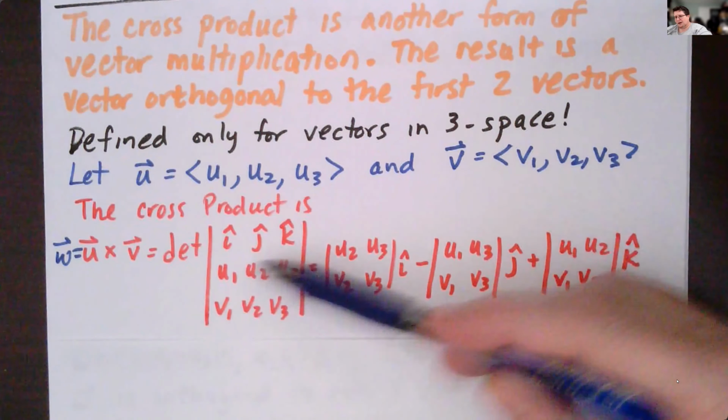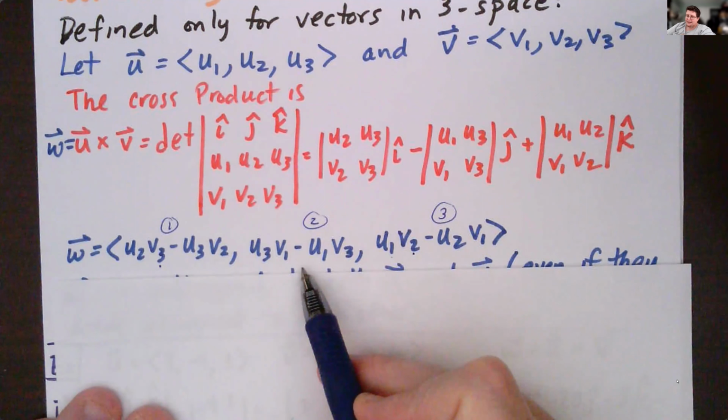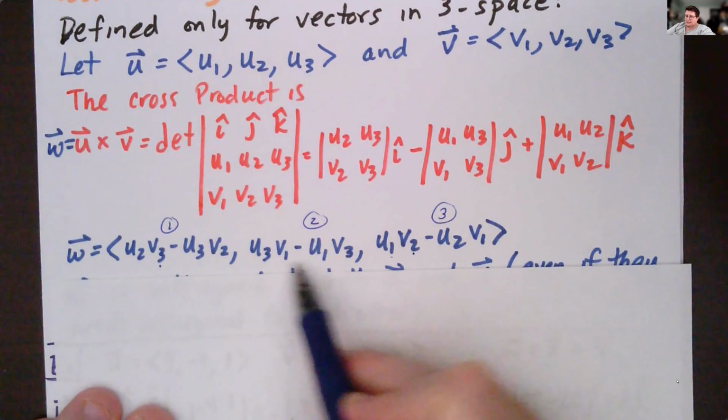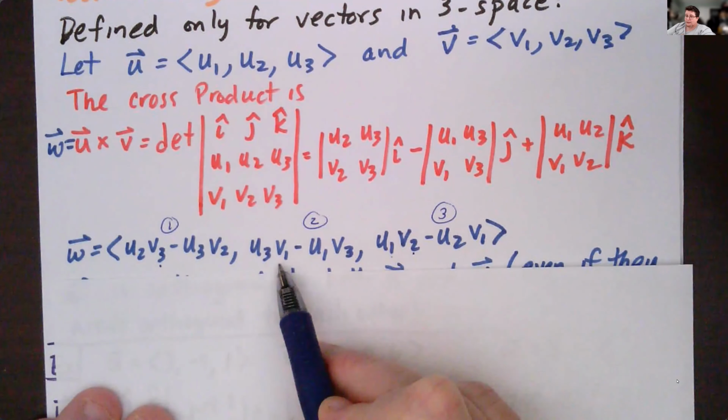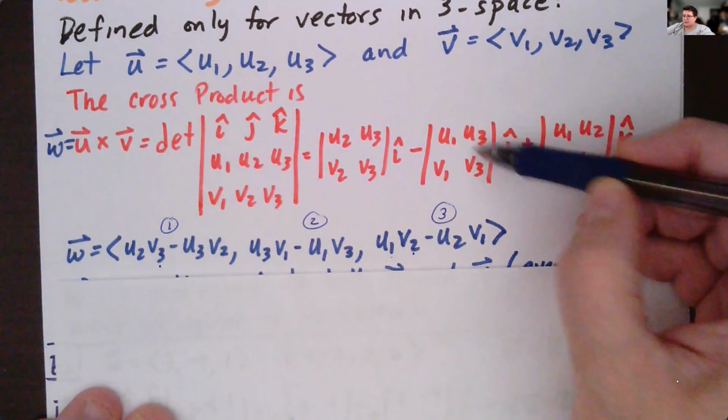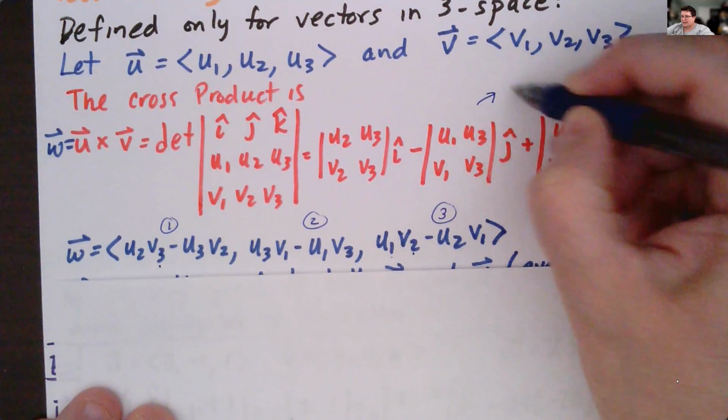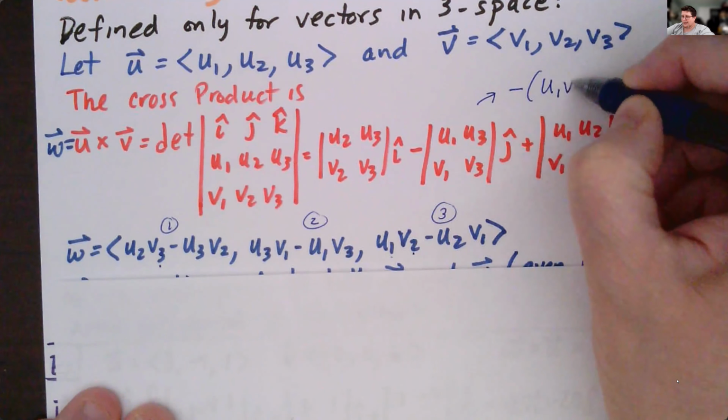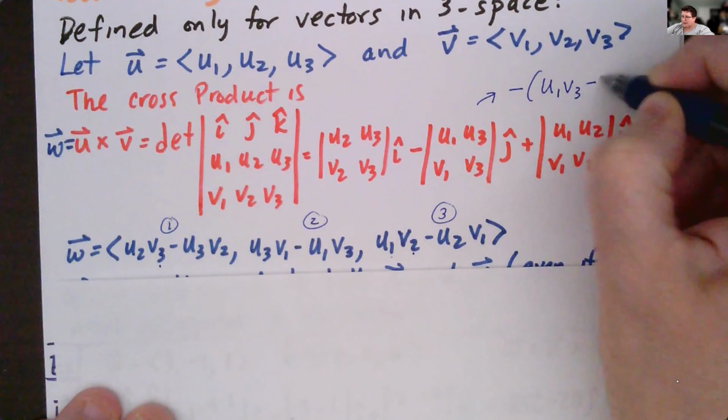For the ones that are supposed to be positive, the first part goes in numerical order, u2, v3. Same thing with u1, v2 at the end. The middle component was negative, which puts these in the opposite order, u3, v1. Because normally when you would do this, you would have negative u1, v3 minus u3, v1.